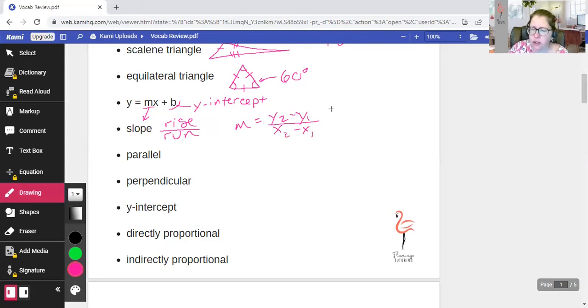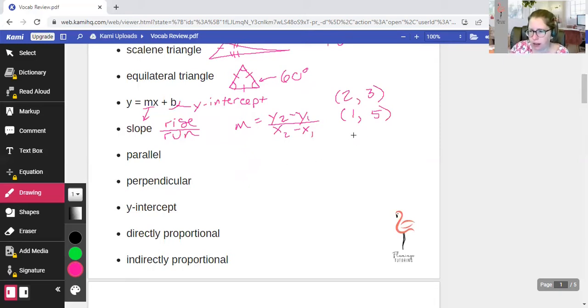And this is just to make sure you don't mix up your formulas. So if you have (2, 3) and (1, 5), if you do your y's as 5 minus 3, you need to make sure that you do your x's as 1 minus 2. All right, because mixing them up will get you the wrong slope.